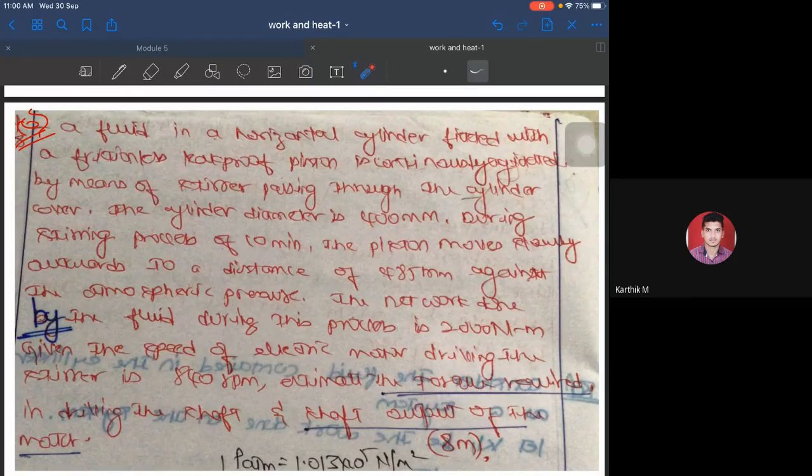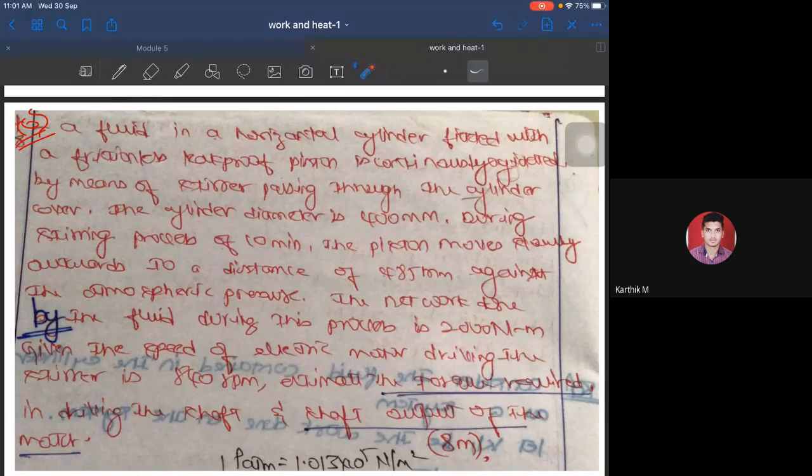Shall we start solving this? Be ready with the data. Try to plot the same figure which I have plotted for the previous problem, and indicate all the data in it, whichever is being given. Whenever I ask anyone by particular name, he must be in a position to answer.